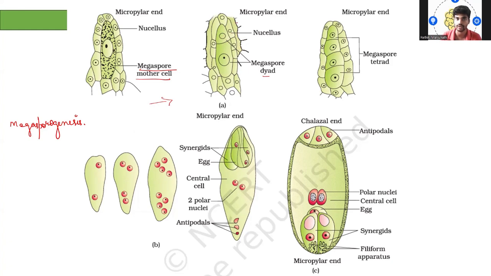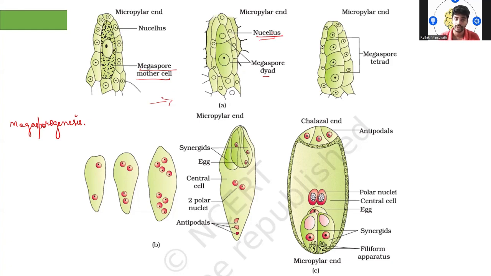This is the micropyle end region. The cell will contain dense cytoplasm, and the prominent nucleus will also be observed.